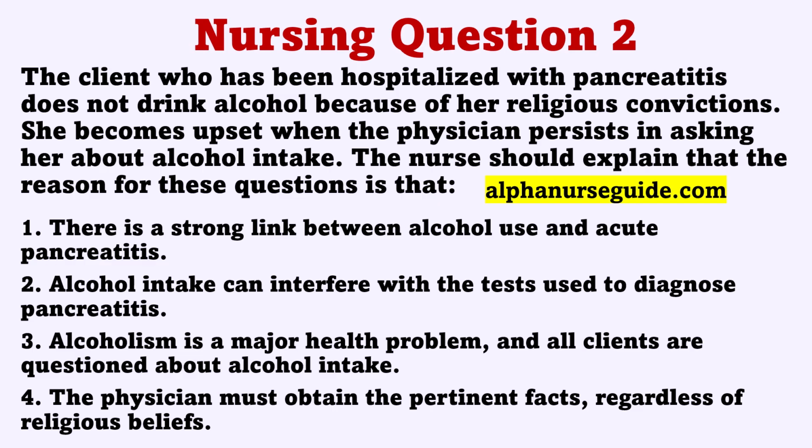Recent ingestion of large amounts of alcohol, however, may cause an increased serum amylase level. Large amounts of ethyl and methyl alcohol may produce an elevated urinary amylase concentration. All clients are asked about alcohol and drug use on hospital admission, but this information is especially pertinent for clients with pancreatitis. Physicians do need to seek facts, but this can be done while respecting the client's religious beliefs. Respecting religious beliefs is important in providing holistic client care.